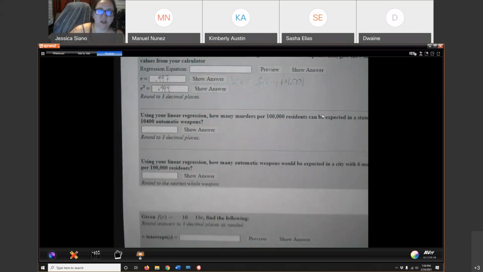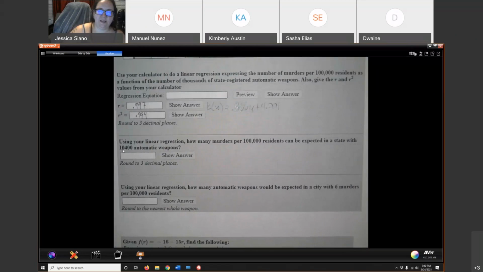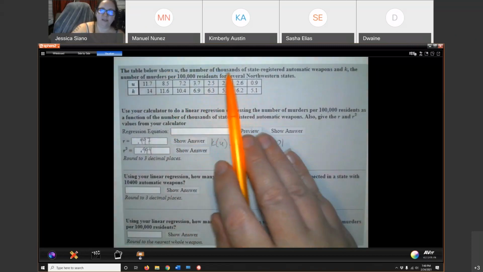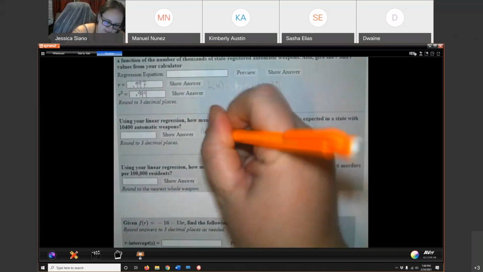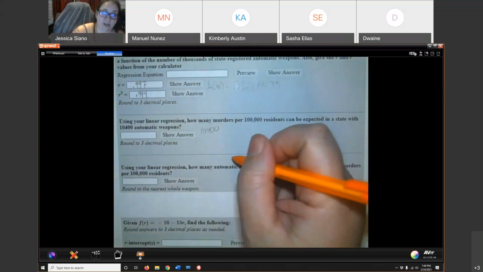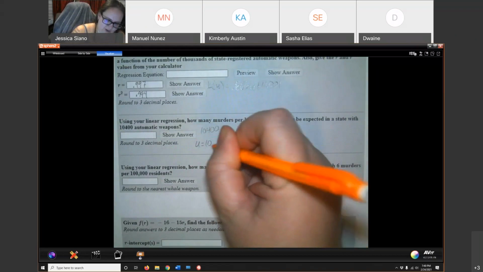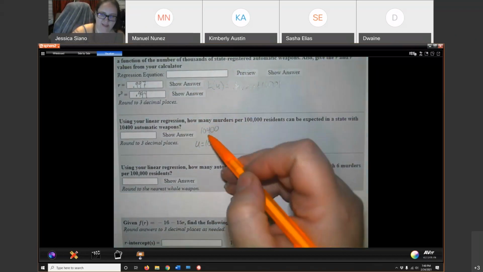Here, they want to know how many murders can be expected in a state with 10,400 weapons. Well, if we go back and look at the description for this question, it says that U is the number of thousands of registered weapons. So 10,400, if I'm trying to convert this so that it is in terms of thousands, would be 10.4. So we just put a decimal place in between the thousands and the hundreds place.